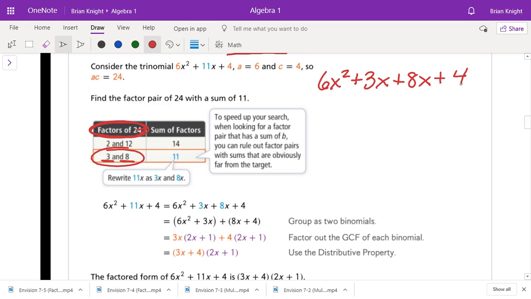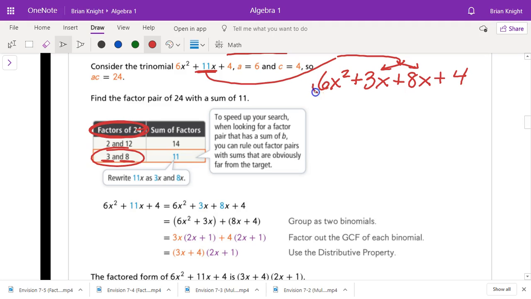Everybody with me so far? I've changed it, but I've only changed how it looks. I basically created 11x, and I made it 3x and 8x. Because what is 3x plus 8x equal? 11x. Everybody with me?